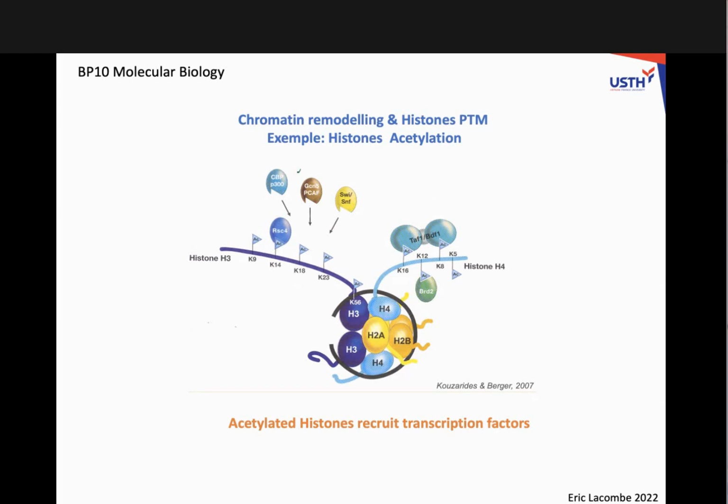And we need both, because you need some objects that are going to write the marks, and according to the marks that have been written, some other complexes are able to read the marks. This is why scientists call that the histone code, because it's a code that is written and it's a code that is read. Okay? So that's an example just to summarize everything.